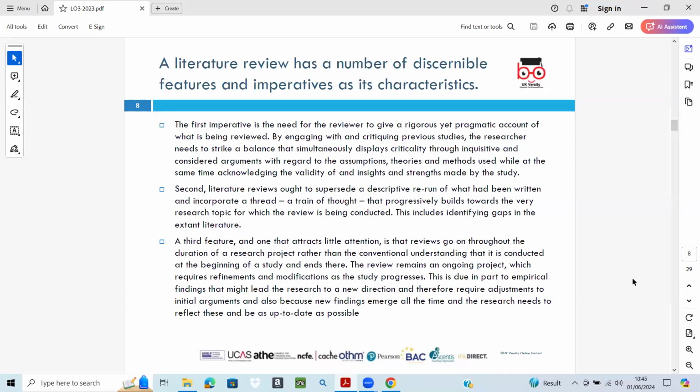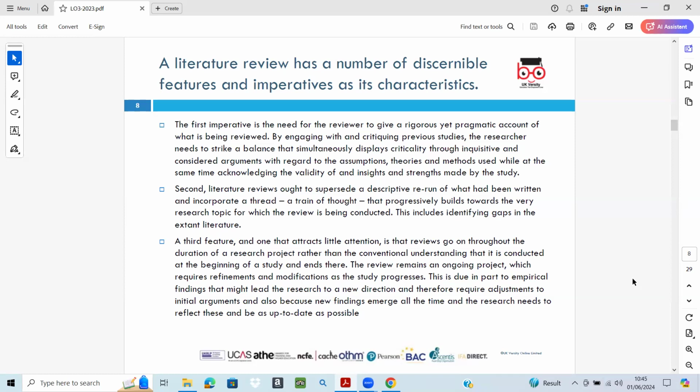Then we have an ongoing and evolving process. A literature review is not a task that is completed solely at the beginning of a research project.